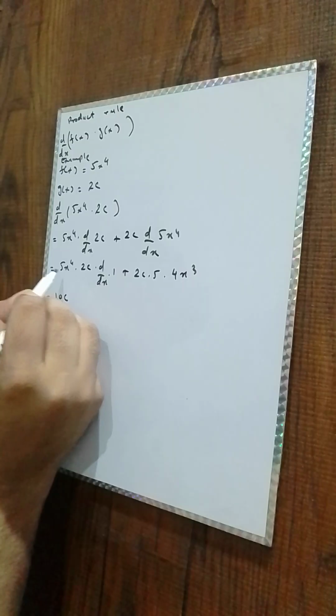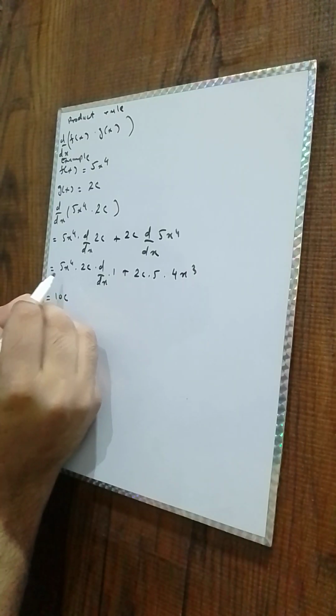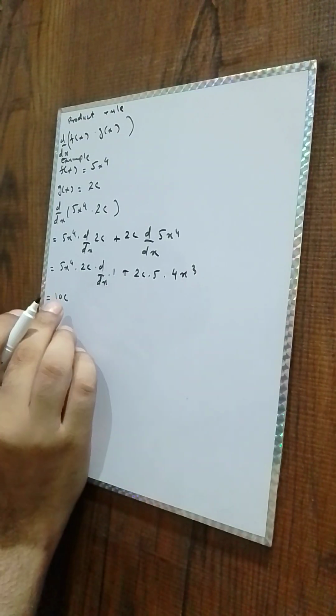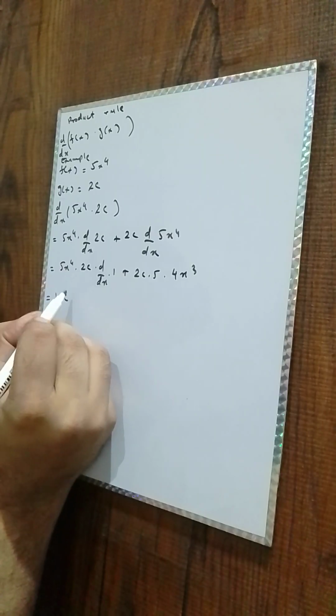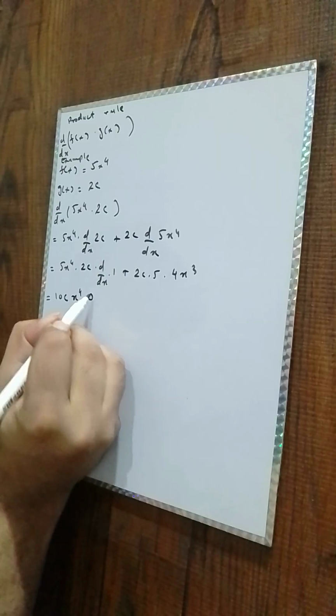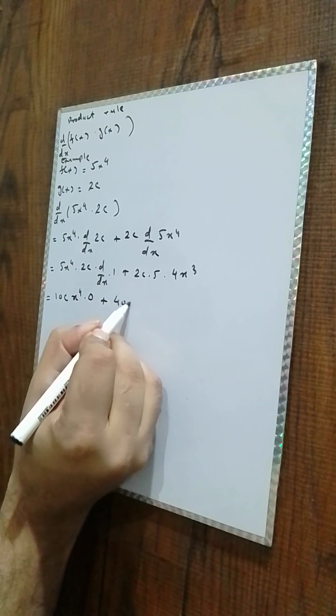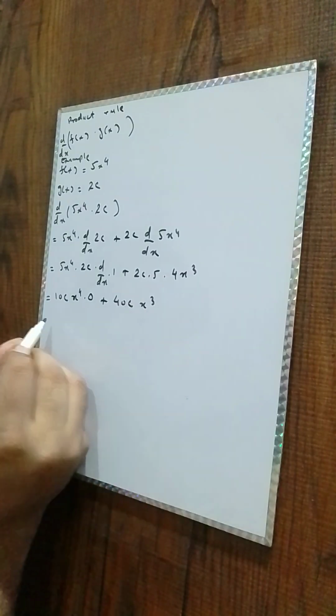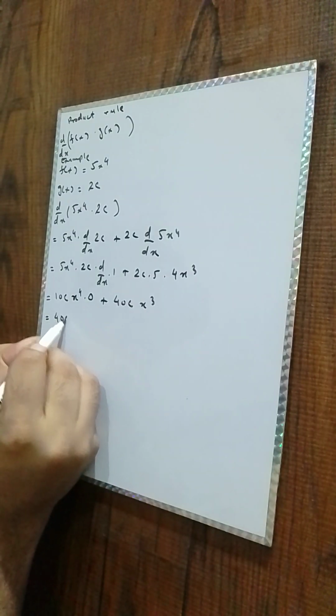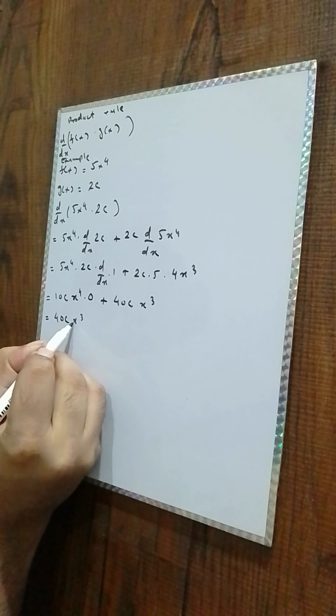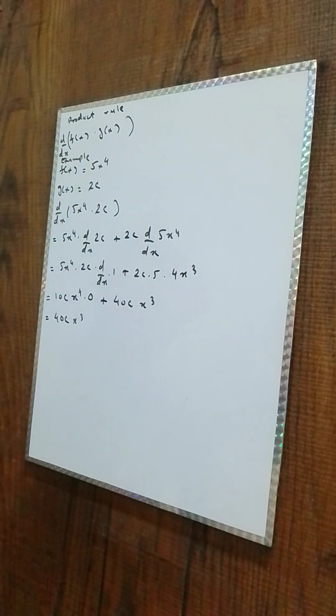So 5 into 2 is 10c, but d by dx of 1 will be 0, so that term becomes 0, but we still write 10cx to the power 4 times 0, plus 2 fives are 10, and 10 fours are 40, so 40cx cube. So 40cx cube is the derivative where c is a constant, as we assumed initially.